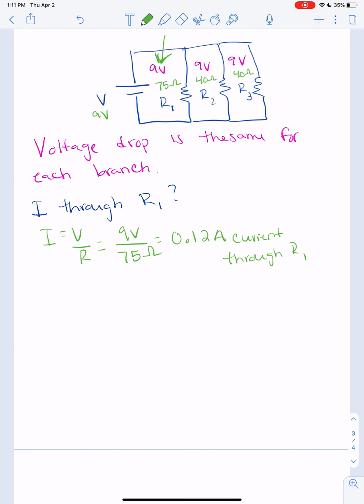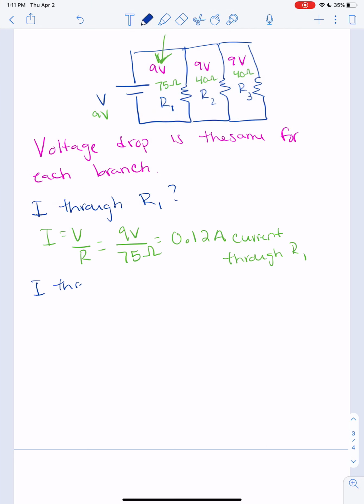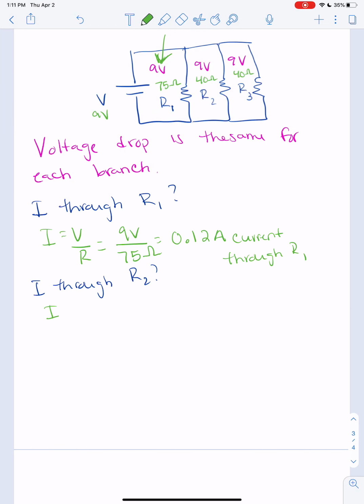And we could do that again if we want to find the current through R2. Same idea here. We're going to do I equals V over R. The voltage drop, again, is the same for each branch. 9 volts over R2, which is 40 ohms.